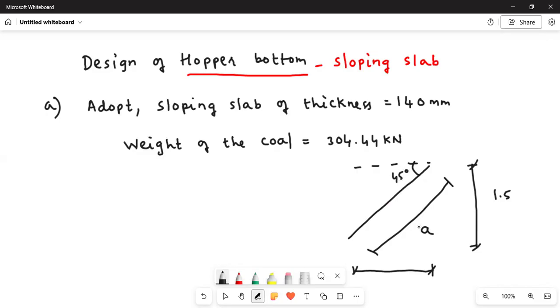From this, you can find A. Sine theta, sine 45, equals opposite divided by hypotenuse. Opposite is 1.5, hypotenuse is A. So A equals 1.5 divided by sine 45, which is 2.12 meter, the inclined length of the hopper bottom.